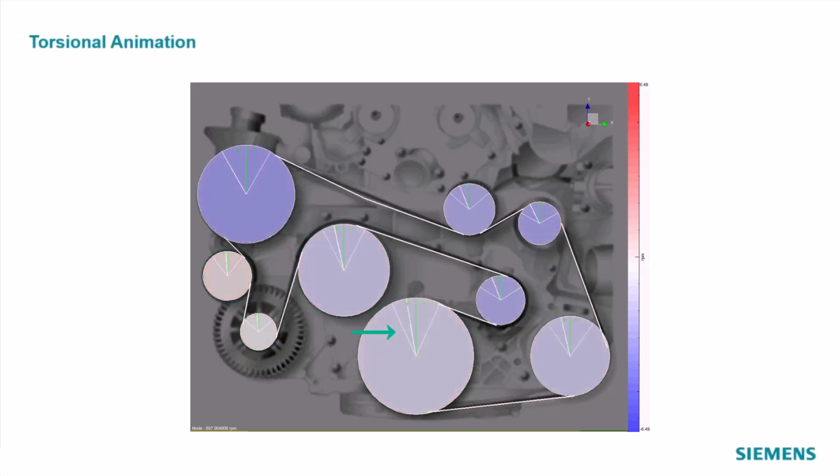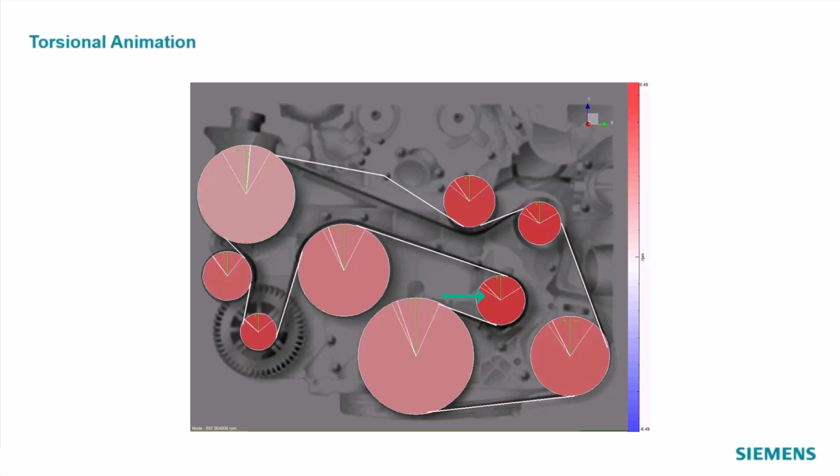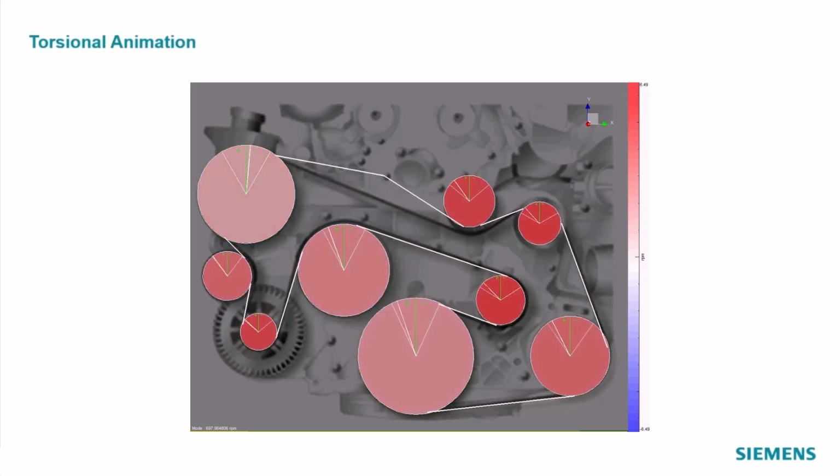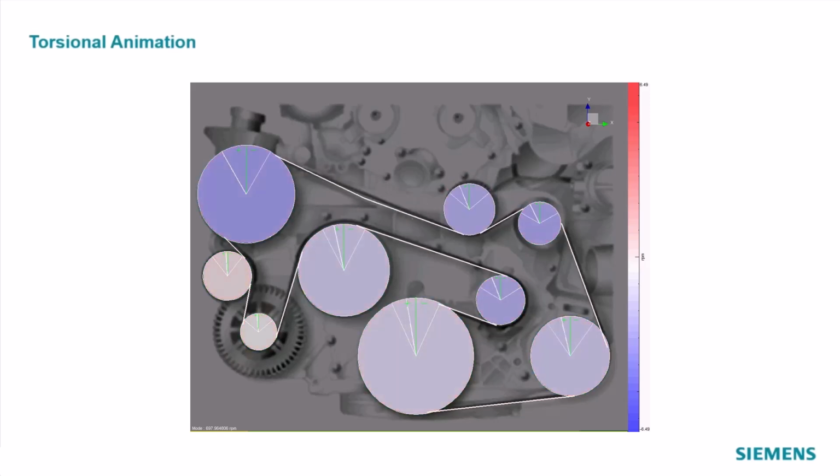That shows the maximum excursion. So we know that this one's twisting more than this one, for example. And we can also see the phasing, like if something's twisting in or out of phase with something else. These are called torsional nodes. And you can basically create an animation of the torsional vibration in your system. That makes sense? That's pretty cool. You can see the phasing with that one that's moving inside the pie slice.